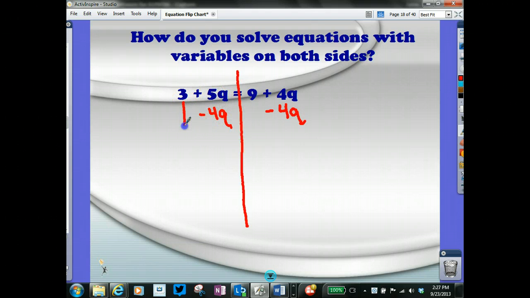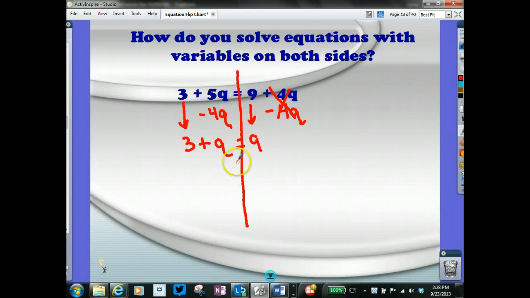So the 3, I can bring it down, didn't do anything to it. 5 minus 4 is 1, so that's plus 1q, or I can just say q, equals, bring the 9 down, plus 4q minus 4q, that cancels out. So now I have 3 plus q equals 9.